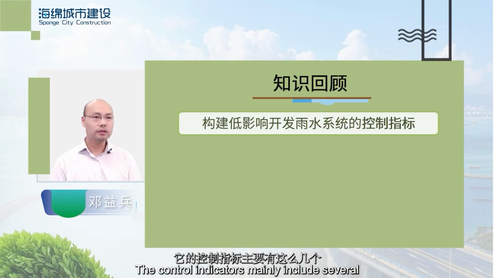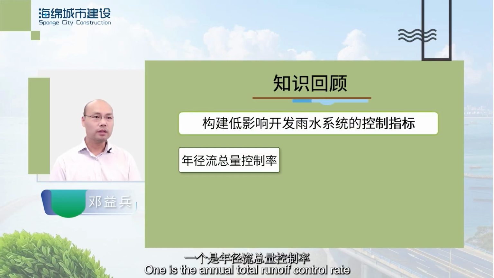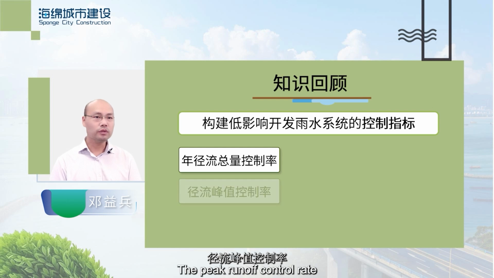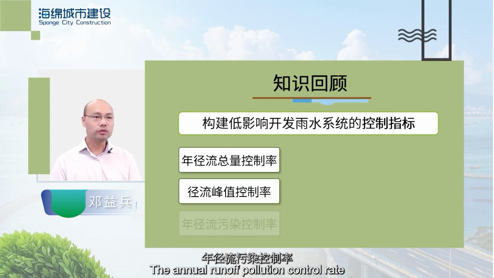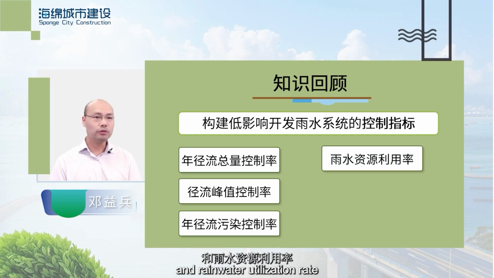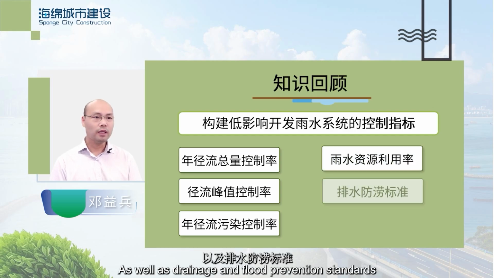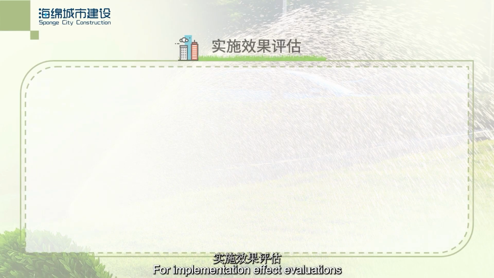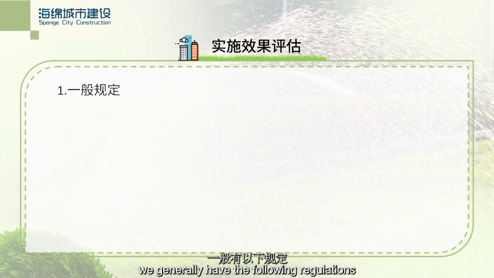The control indicators mainly include several. One is the annual total runoff control rate, the peak runoff control rate, the annual runoff pollution control rate, and rainwater utilization rate, as well as drainage and flood prevention standards. For implementation effect evaluations, we generally have the following regulations.